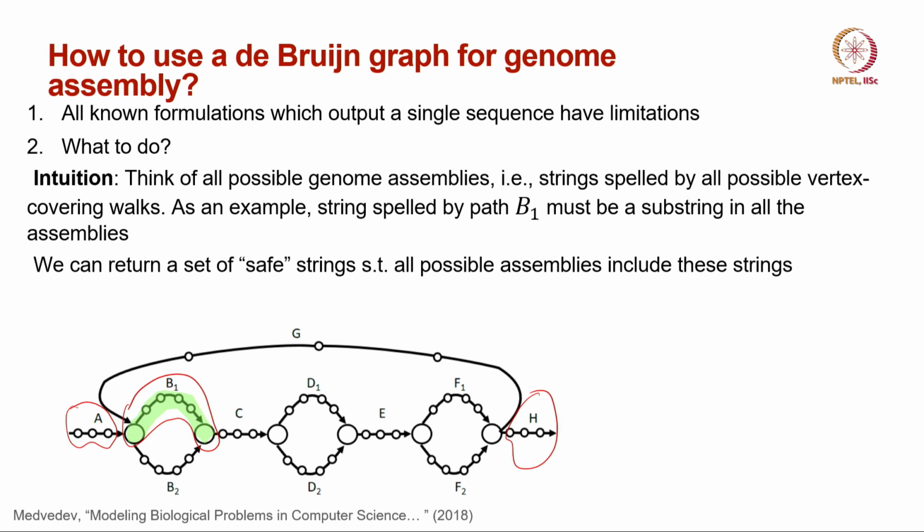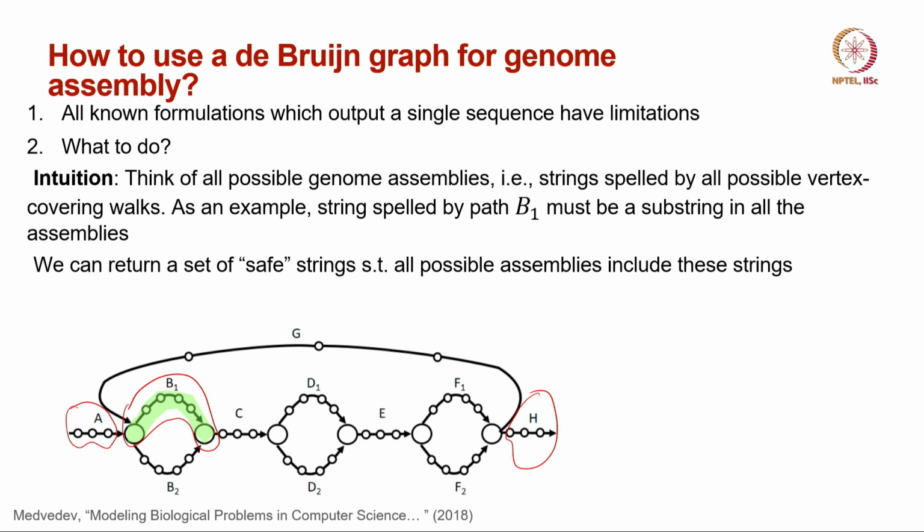So, instead of giving a single genome sequence as output, we are giving a set of safe strings that are guaranteed to be substrings of the original genome. And the hope is that we can give long safe strings to the user, so that they can still make useful biological inferences from these safe strings.